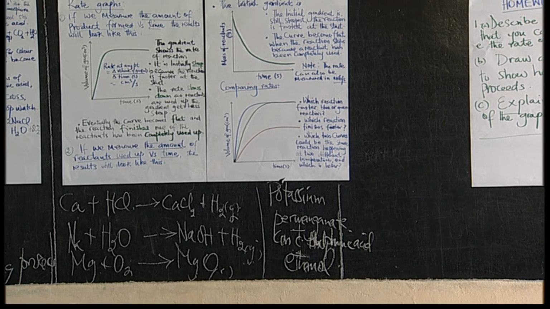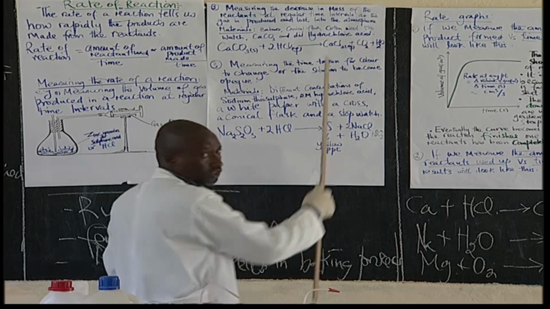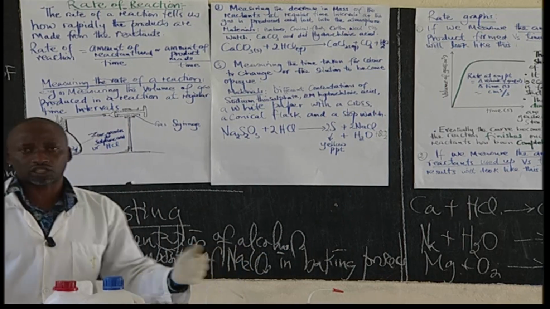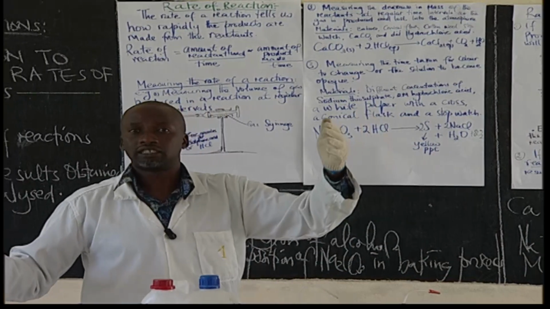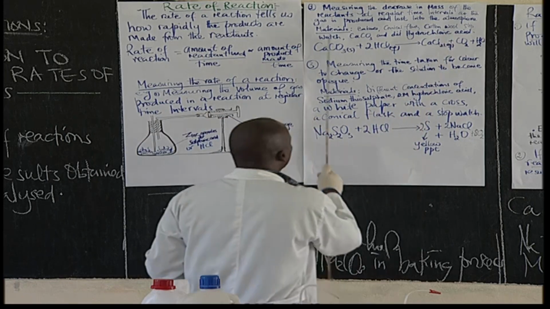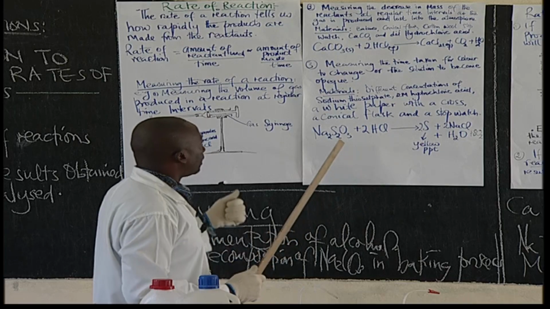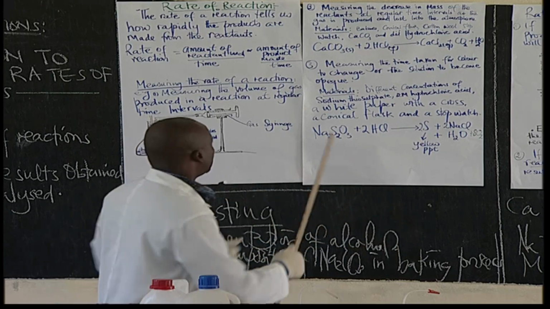After another 5 seconds, we record the mass again. Another example is calcium carbonate with acid, which will produce carbon dioxide. Any other reaction that produces a gas can also be used. So that is measuring the mass of calcium carbonate that remains after regular intervals.